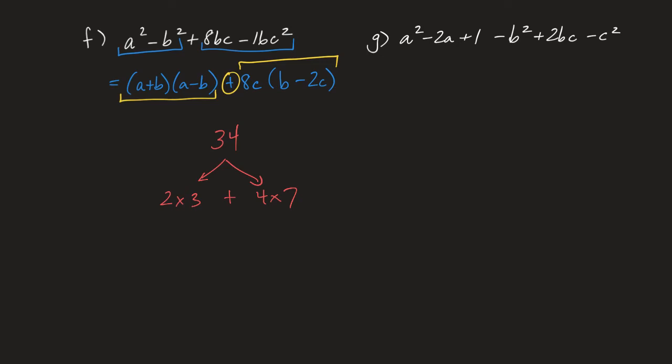Like you're going to tell me that 34 is 6 plus 28. And yes, I would agree with you. 34 is 6 plus 28. But if you were to factor 34, you wouldn't factor it into 6 plus 28. But that's what we've done in the blue. You've taken an original expression and you factored it into something times something plus something times something. And that's not factored.